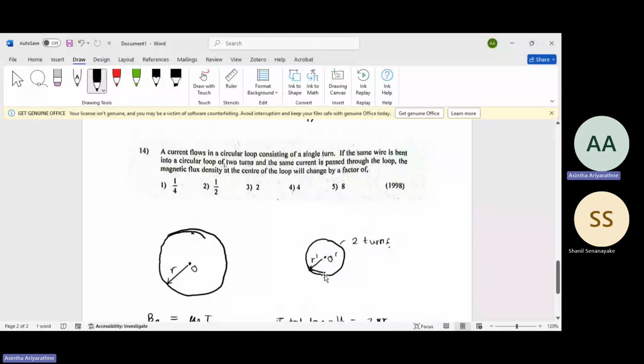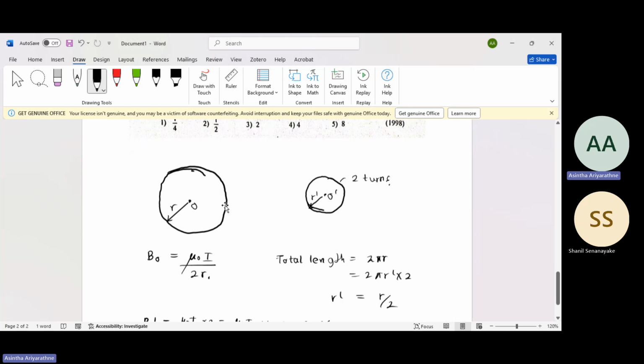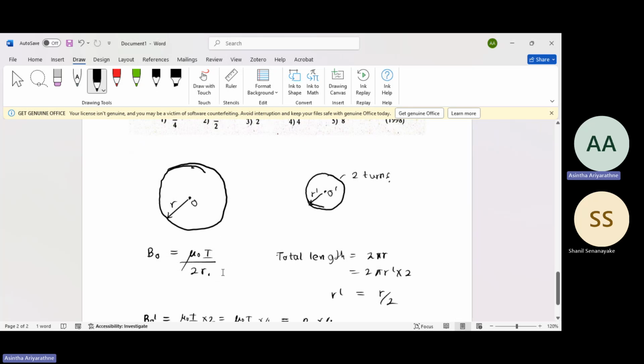So this is the first loop and this is the second loop. The magnetic flux density at the center of the first loop is mu naught I over 2R.